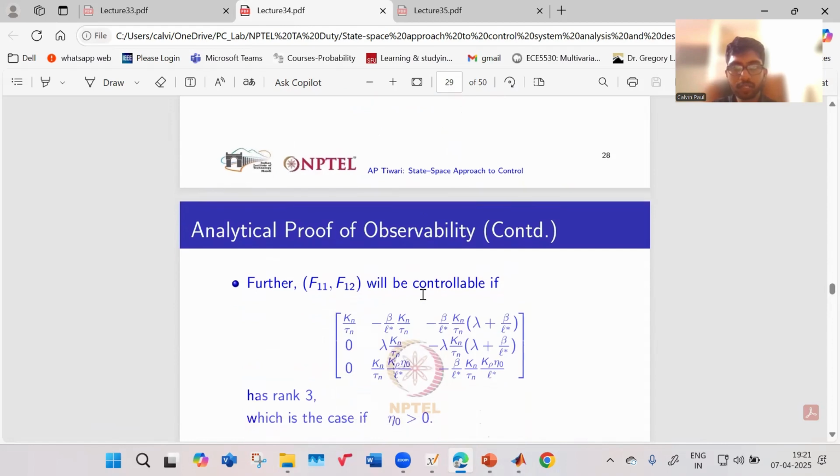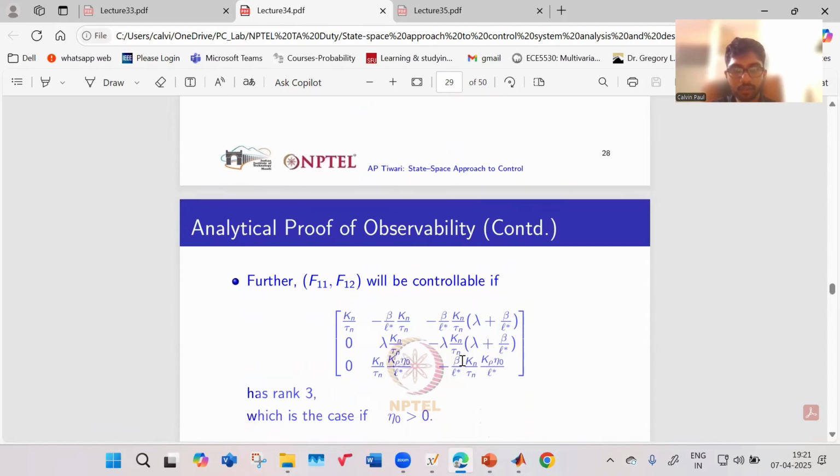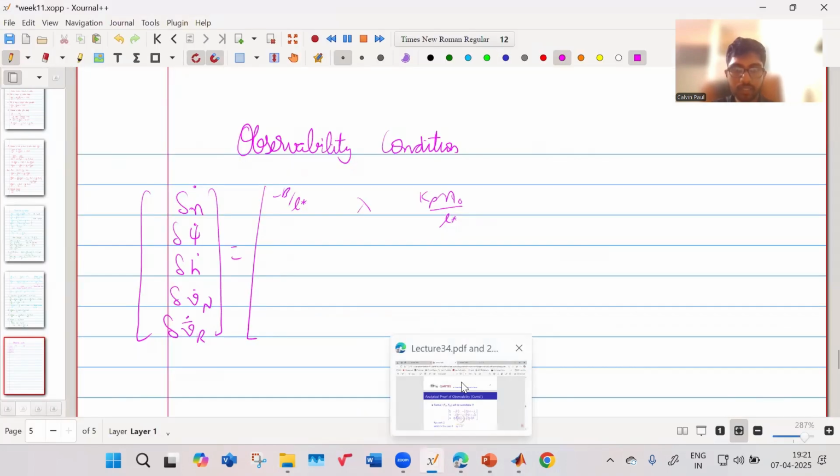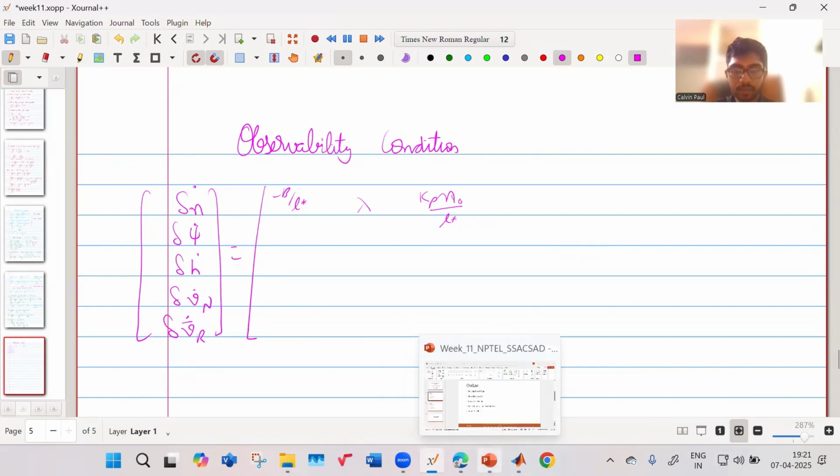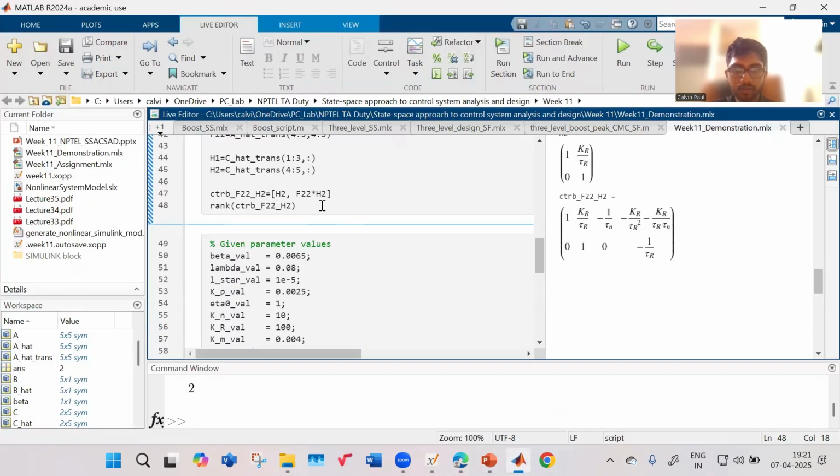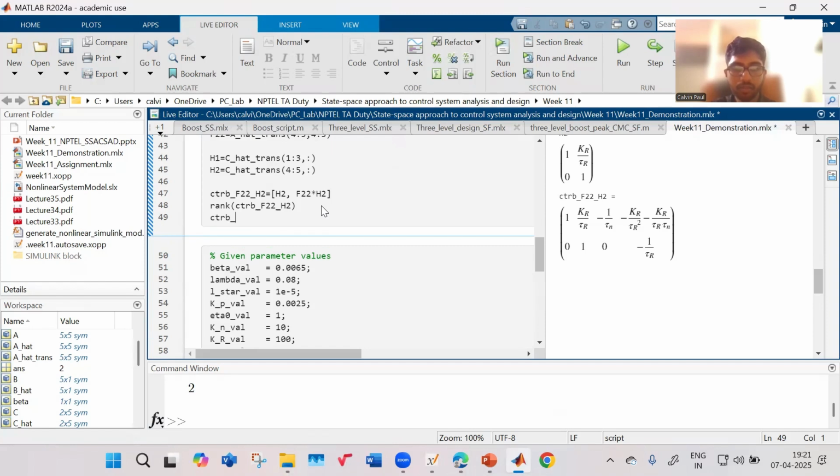Next, F22, H2 is controllable. Now for F11, F12 to be controllable, let us do that. Controllability of F11, F12 is F12, comma F11 into F12, comma F11 squared into F12. Run the section.